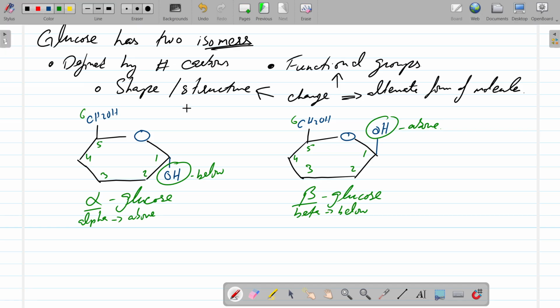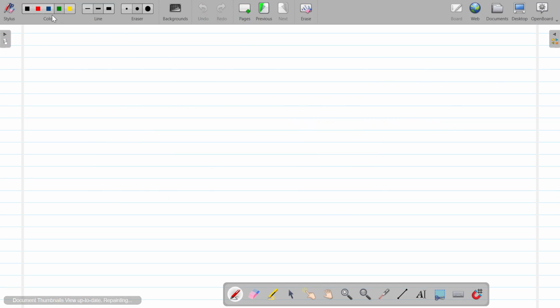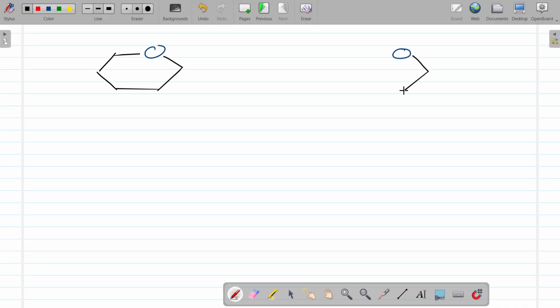What you can also do, if I redraw these on the next page, not to confuse you, is give you an alternate way of remembering which isomer is which. Drawing that out. Pretty messy. Okay, much better. Again, we're just talking about carbon number 1 in this case.